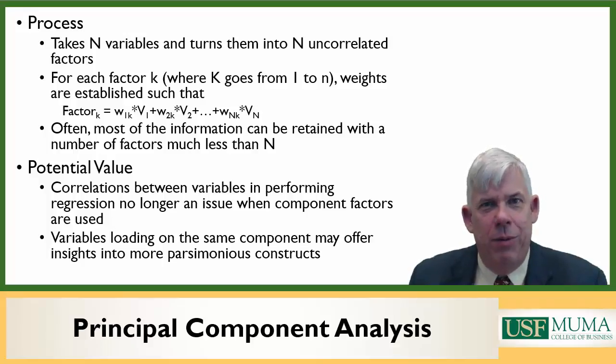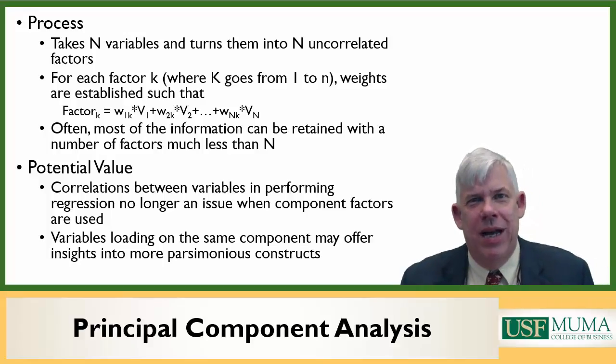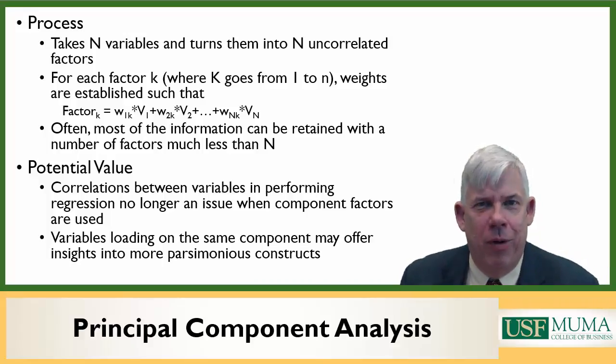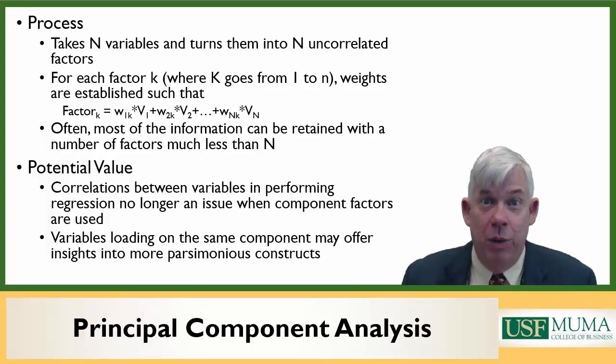Now the thing about principal component analysis is that you can choose as many components as you want up to n. And a lot of times, if you just take, say, 3 or 4 components out of 25 variables, you can get very, very close to the same r squared, which is to say you don't lose much information.